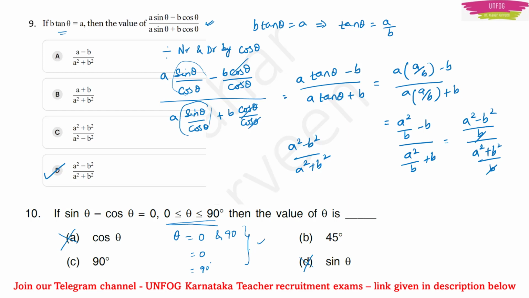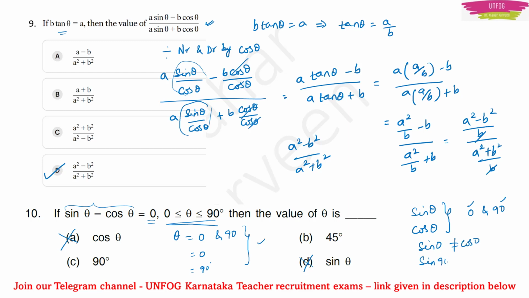Now another thing, if you want to focus, what is the given condition? Sin theta minus cos theta, right? Now sin theta minus cos theta, and this is equal to 0. So this is possible in one condition where sin theta and cos theta have the same values. Now if sin theta and cos theta have the same values and theta is between 0 and 90, and 0 or 90, then sin 0 is not equal to cos 0.